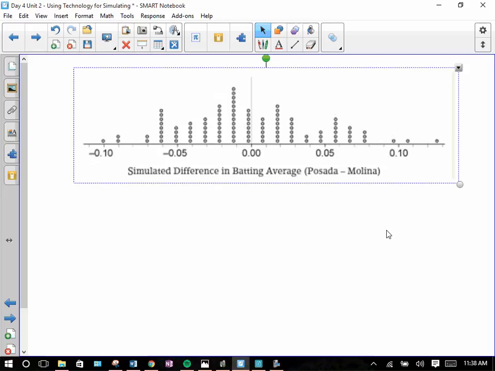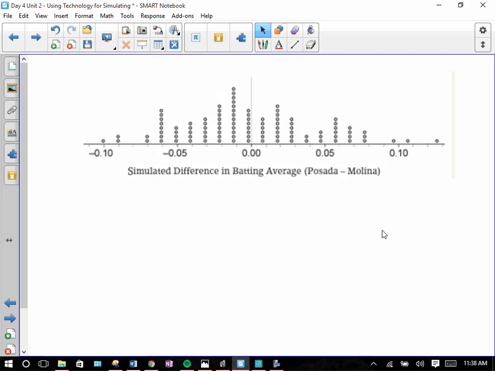All right. So that's the dot plot that we're looking at in 19.